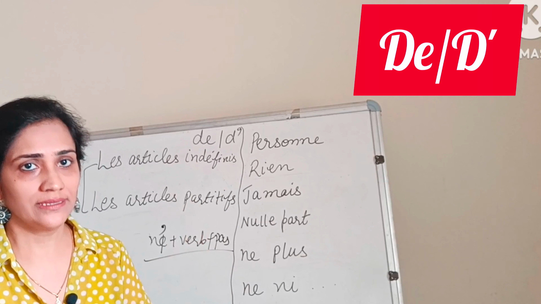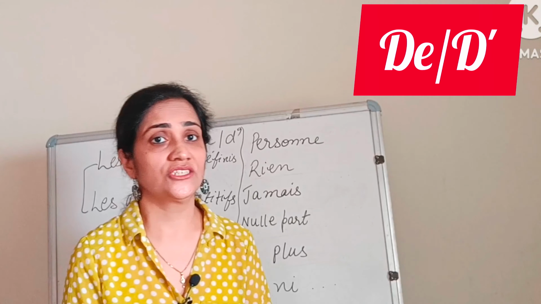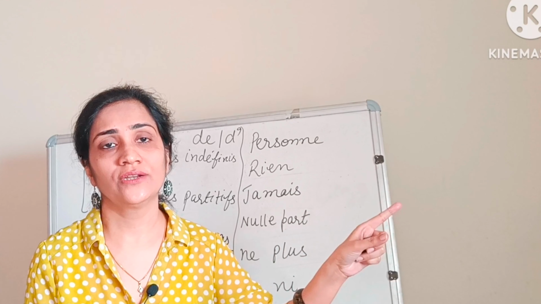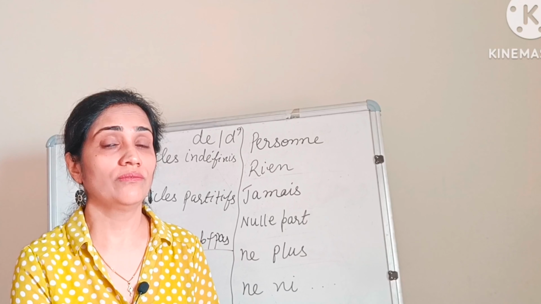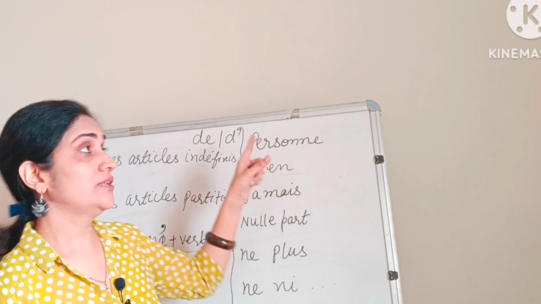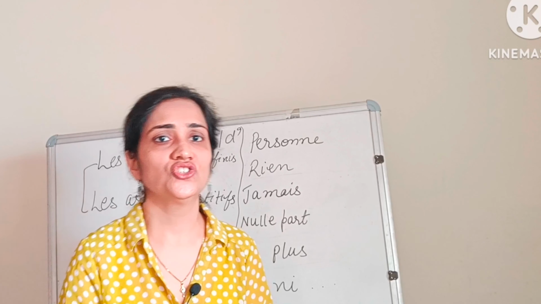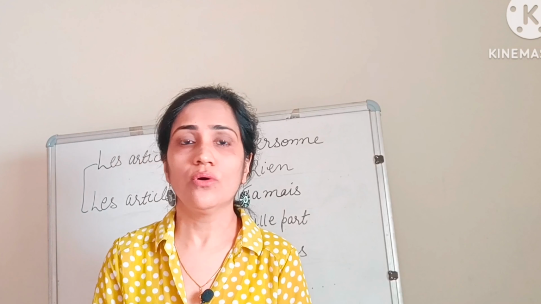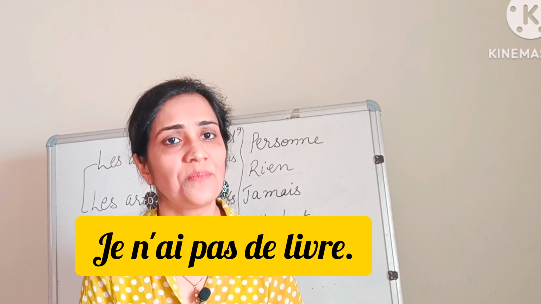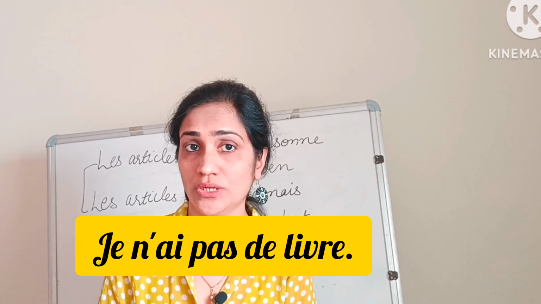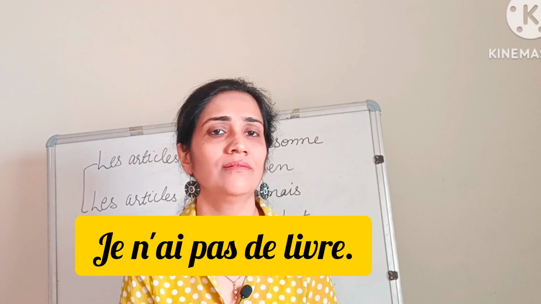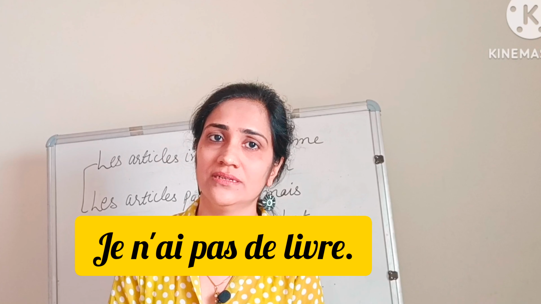They are converted into de, or if the noun you are using begins with a vowel, then you have to use d apostrophe. Like here, j'ai un livre, I have a book, and if you have to say I don't have a book, je n'ai pas de livre. You are omitting un and using de. Je n'ai pas de livre.